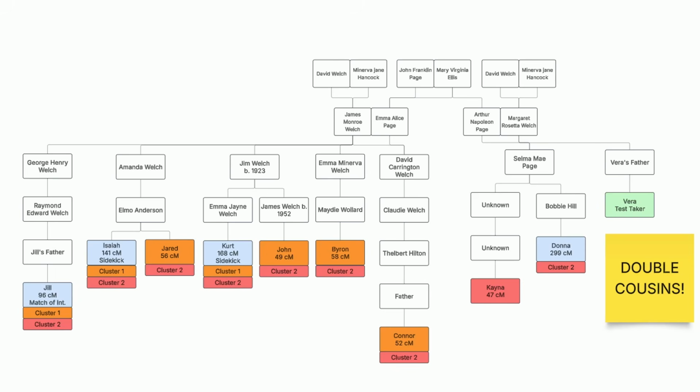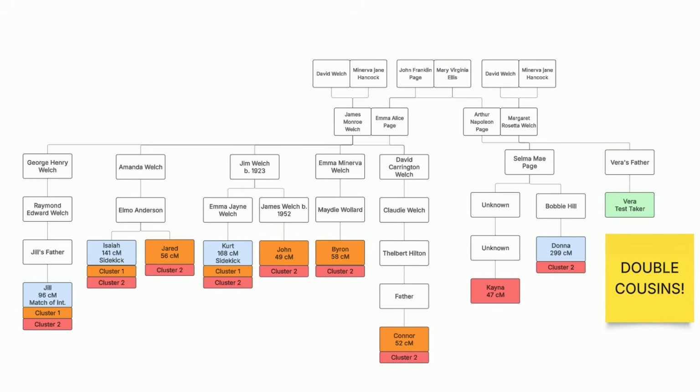At the top of the chart, you can see David Welch and Minerva Jane Hancock are the parents of James Monroe Welch. Then I put David Welch and Minerva Jane Hancock on the right of the diagram top as well because they're also the parents of Margaret Rosetta Welch, making James Welch and Margaret Welch siblings. These two siblings married two siblings from the Page family. So John Page and Mary Virginia Ellis had two children, Emma Page and Arthur Page, who married into the Welch family.